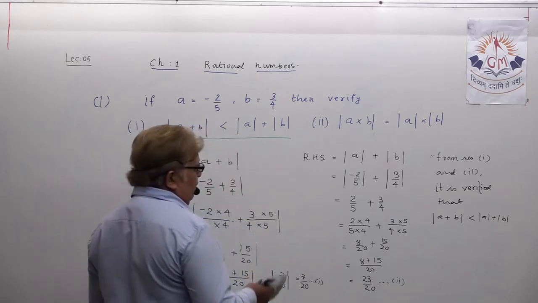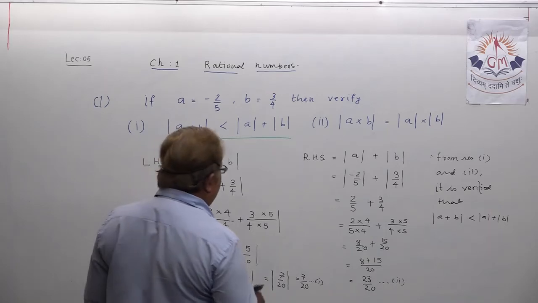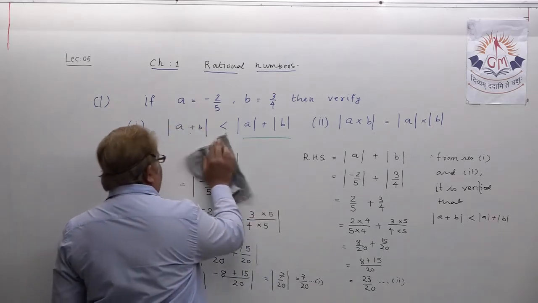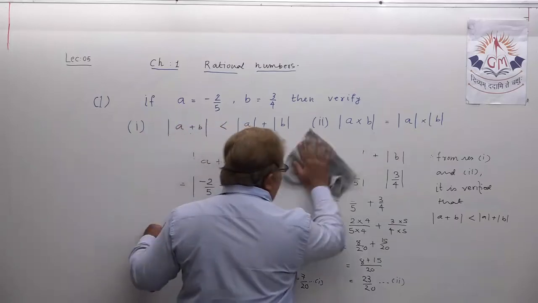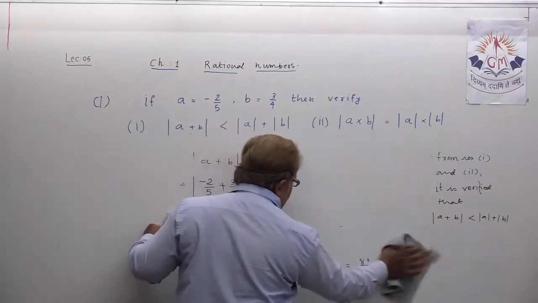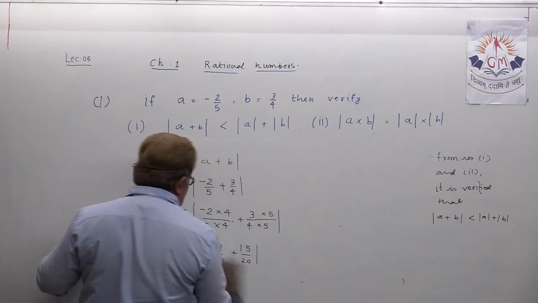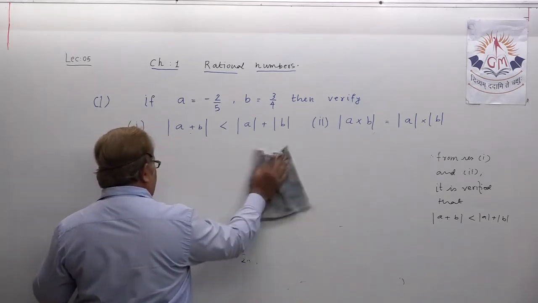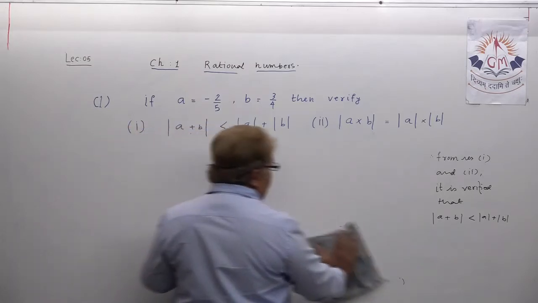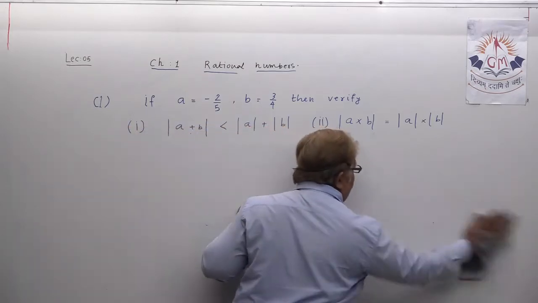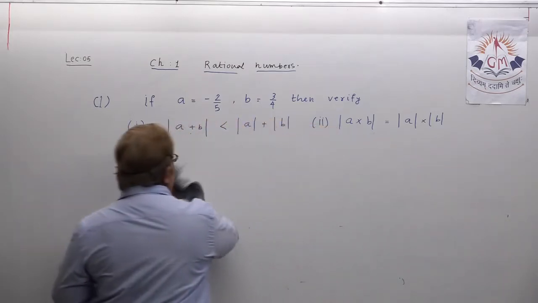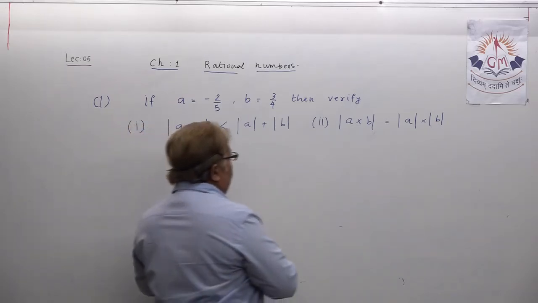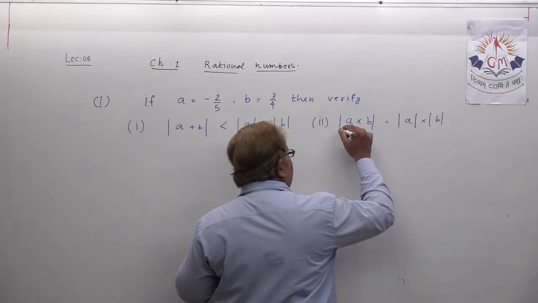Okay. Now let us try to verify the second property. First has been verified by us. Let us try to verify another property of rational numbers. Now your concentration has to be on the second one.